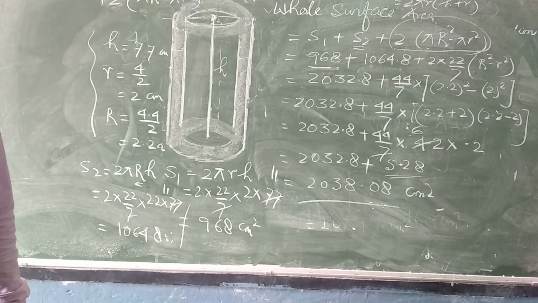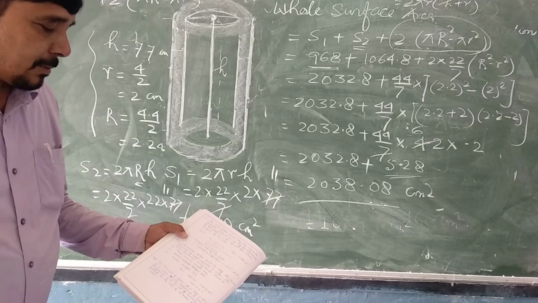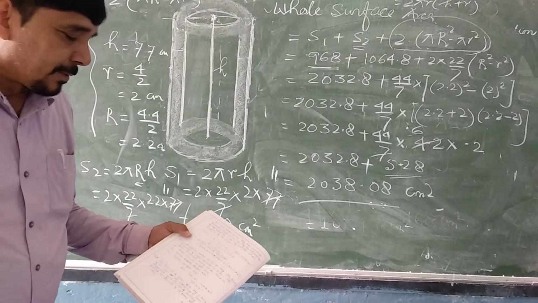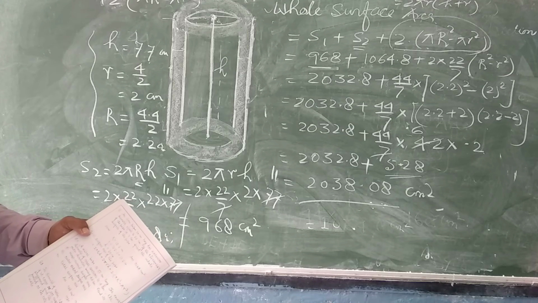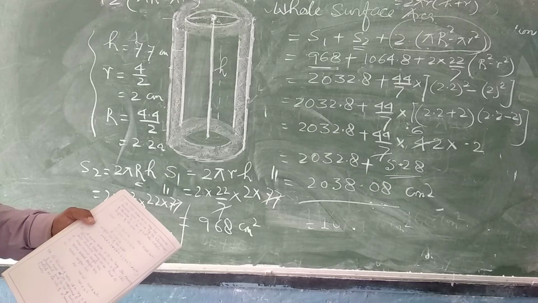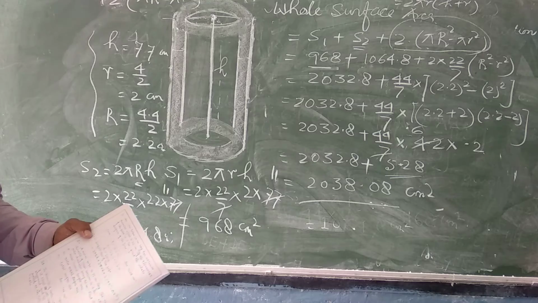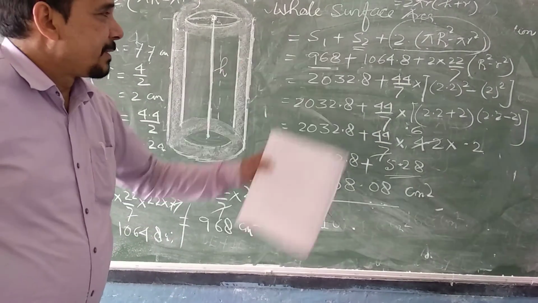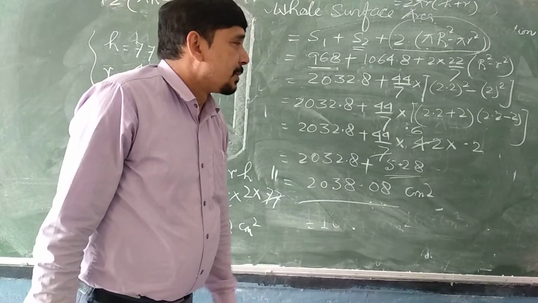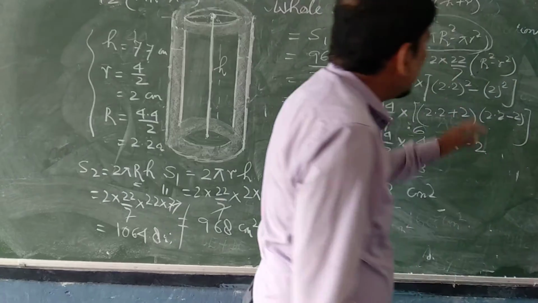Okay, in this question you have to find separately the inner surface area and outer surface area. Then you can add inner curved surface area plus outer curved surface area, which gives 2032.8, and also find the whole surface area S1 plus S2 plus 2 times pi R square minus pi r square.